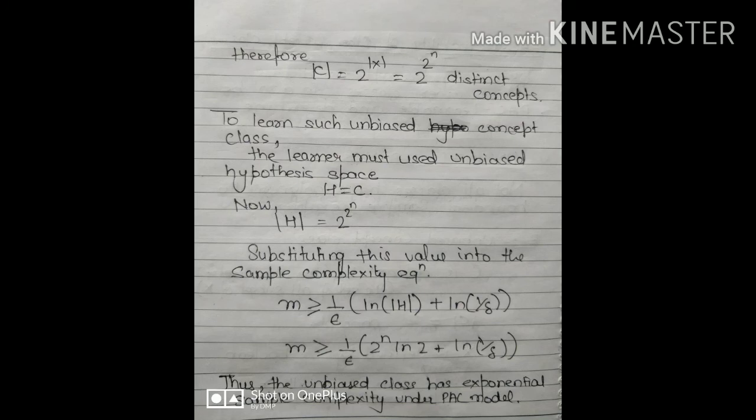We just need to substitute the value of |H| by 2 to the power 2^n. What we get is m is greater than or equal to 1 by epsilon times (2^n log 2 plus log 1 by delta). So by this formulation we see that the unbiased class has exponential sample complexity under the PAC model.